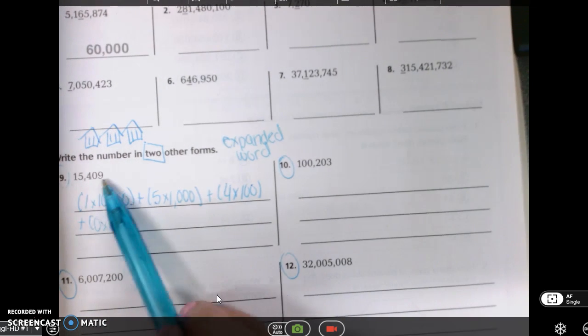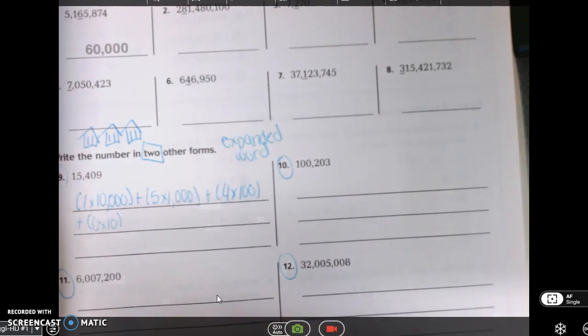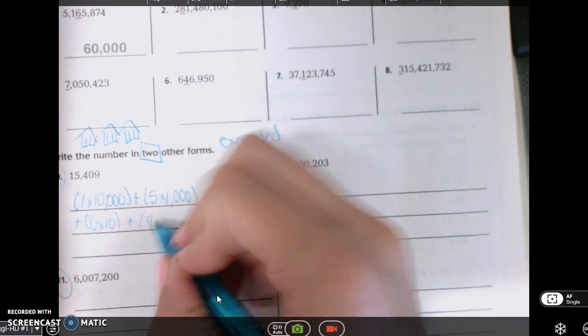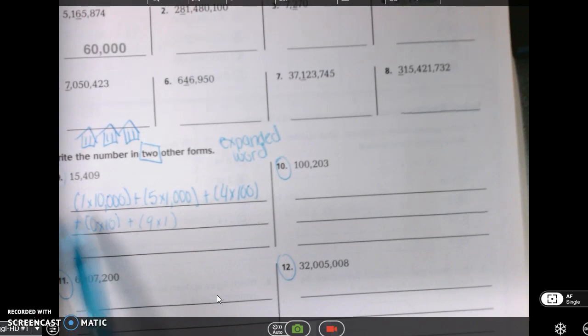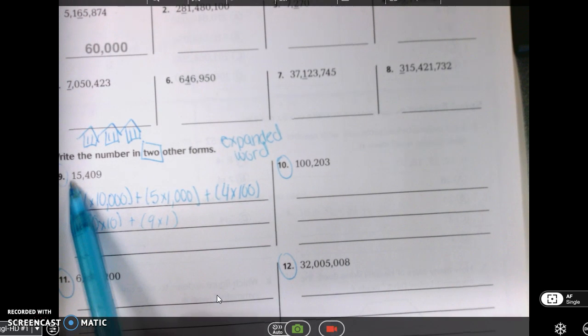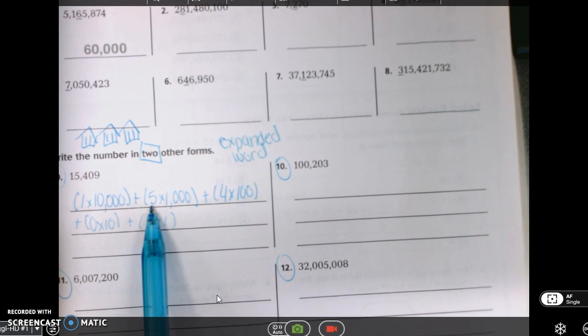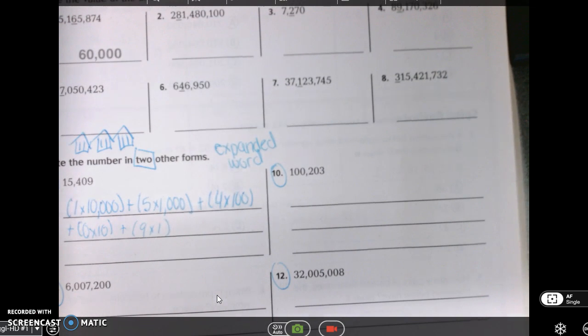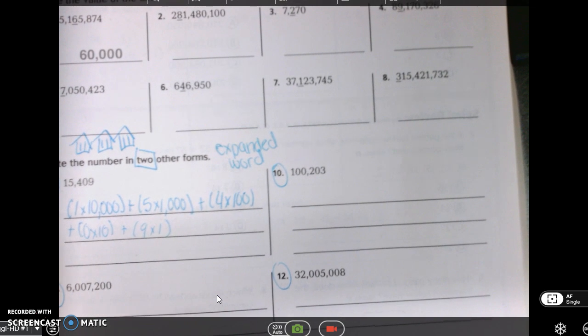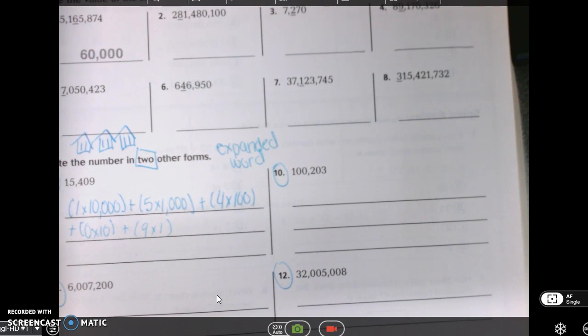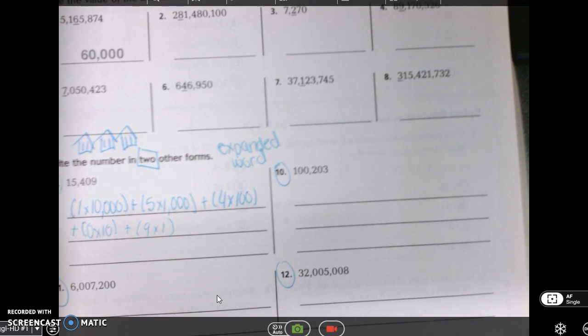And then finally a 9 in the 1 space, which we show with 9 times 1. Remember, we always do the digit first, and then the place that it's in second. The digit first, and the place that it's in second. Okay? There's your expanded.